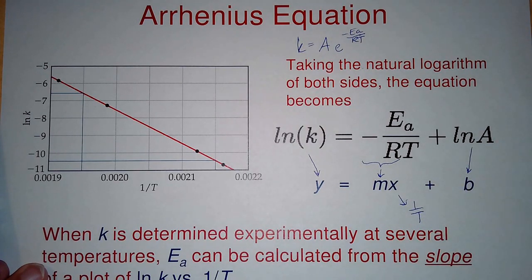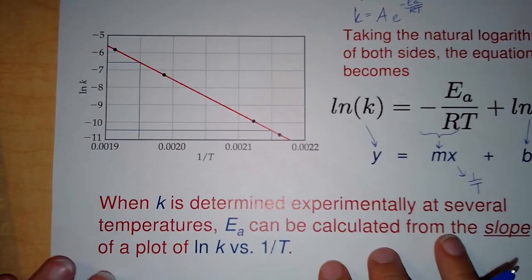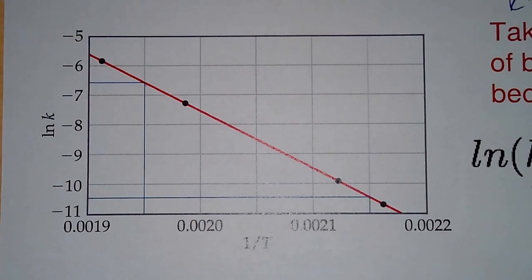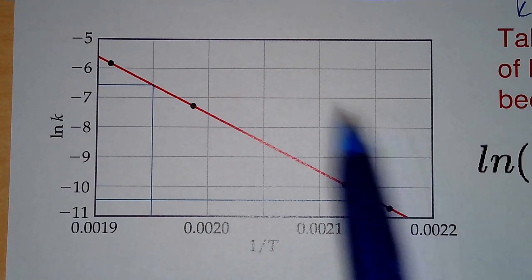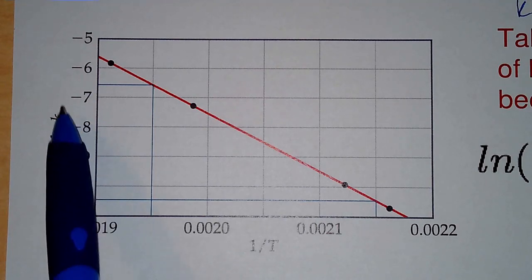So if we look at a graph using this kind of arrangement for the Arrhenius equation, we can calculate values for our activation energy as well as our frequency factor A. Looking at this graph here, I have ln of k as my y, 1 over T is my x.